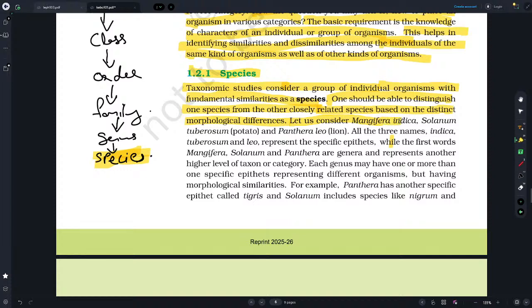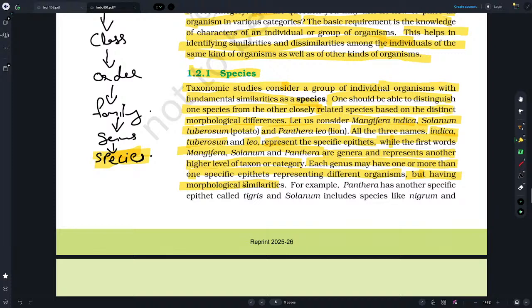Let us consider Mangifera indica, Solanum tuberosum, potato, Panthera leo, lion. All the three names, indica, tuberosum and leo, represent the specific epithets, while the first words, Mangifera, Solanum and Panthera, are genera and represent another higher level of taxon or category. Each genus may have one or more than one specific epithet representing different organisms but having morphological similarities.